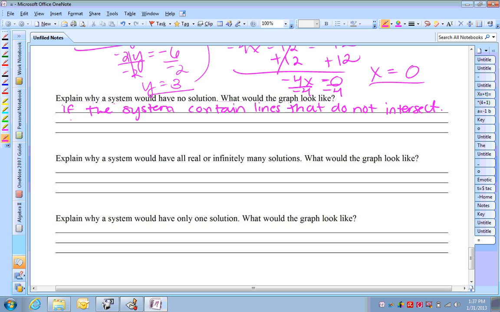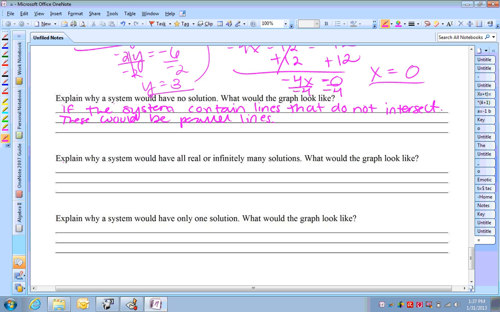And lines that do not intersect are parallel. These would be parallel lines.